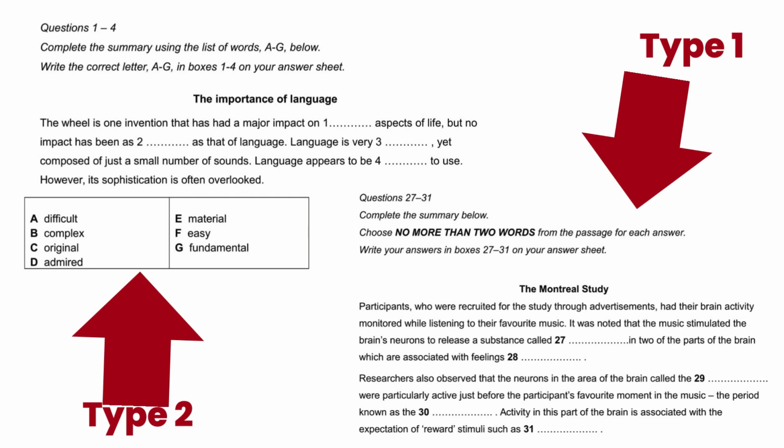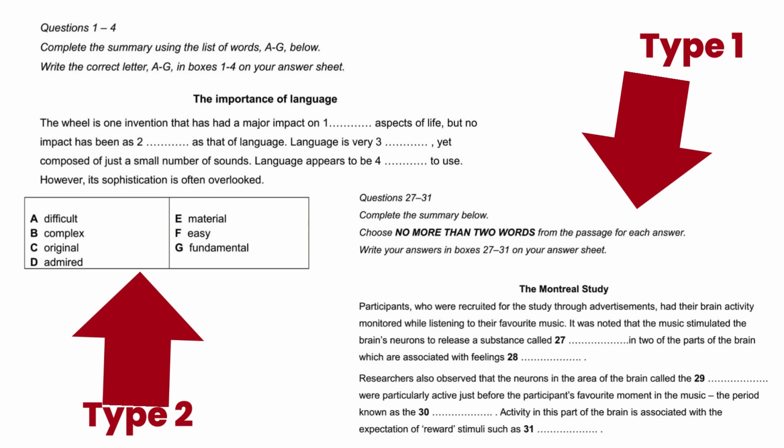So my job is to read the passage and decide the most appropriate word to be used to fill the gaps. That's for type 1. For type 2, my job is to use the words in the box: difficult, complex, original, admired, material, easy, fundamental. Use any of those words to fill the gaps.